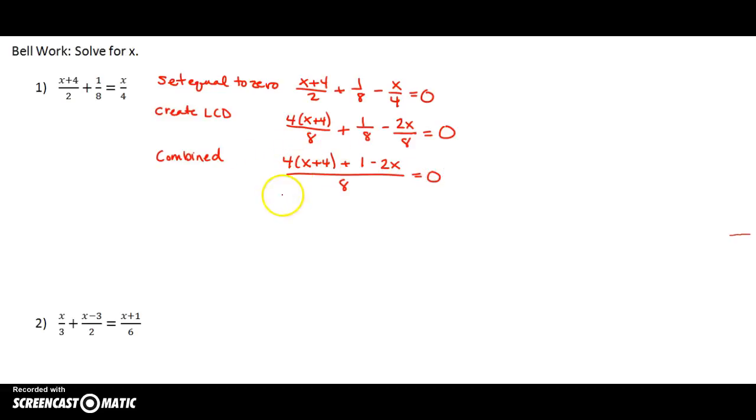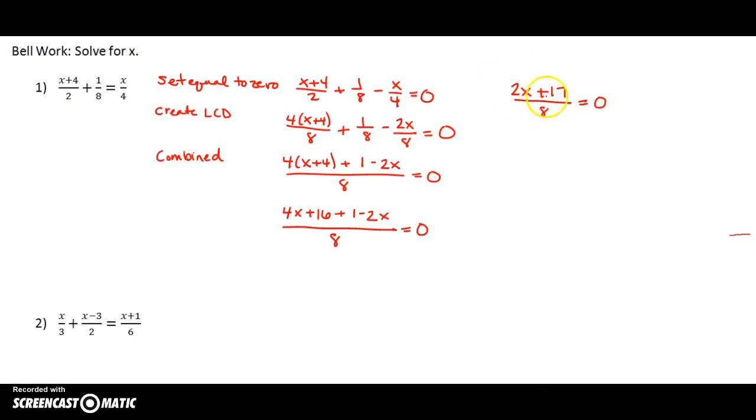Now we're going to continue to combine like terms by distributing. So now I have 4x plus 16 plus 1 minus 2x over 8, still equals 0. Now I'm going to combine my like terms: 4x minus 2x is 2x, and 16 plus 1 is 17, all over 8, still equals 0.